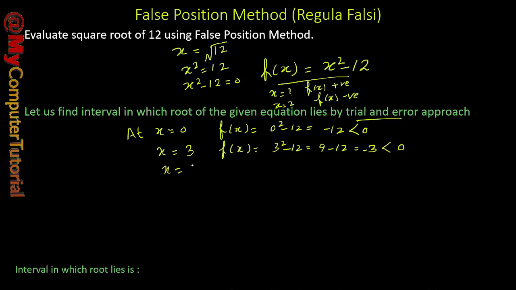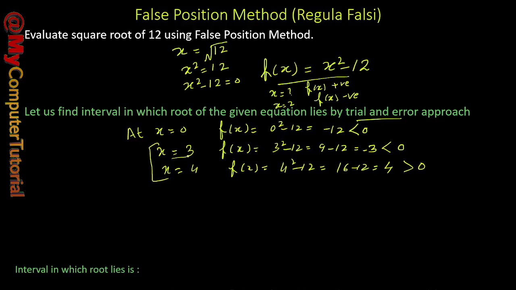So take x is equal to 4. f(x) will be 4 square minus 12, that is 16 minus 12, that is equal to 4, which is greater than 0.